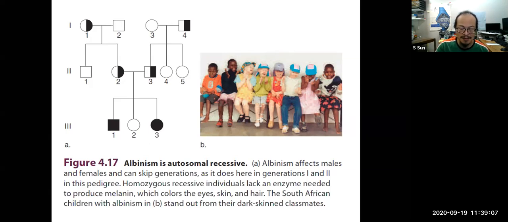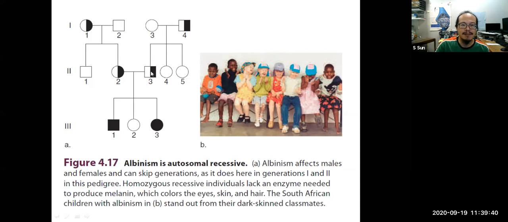It's sex independent, and it's recessive. So say if the mom has one recessive gene and the dad doesn't, it's not albinism. The chance is that their kids would not have it, because they still have the recessive gene, but it's not showing, so it's not albinism.